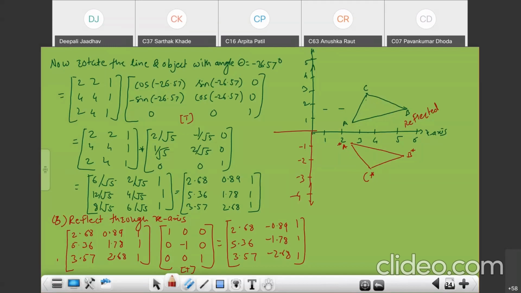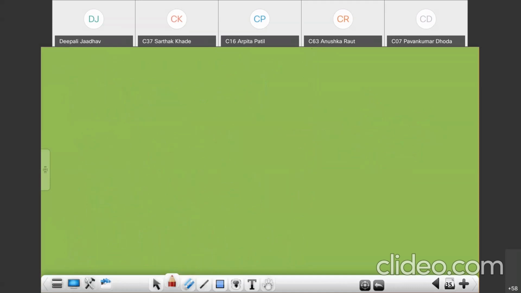Why? Because first we translated the line so that it passes through the origin. Then we rotated it with angle theta so that it is coincident with the x-axis. Now we need to do it in reverse. First we need to rotate it back and then translate it back. So we need to apply inverse rotation and inverse translation. That is our fourth step.